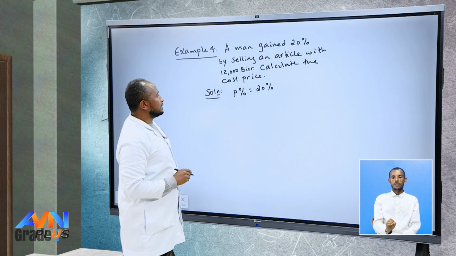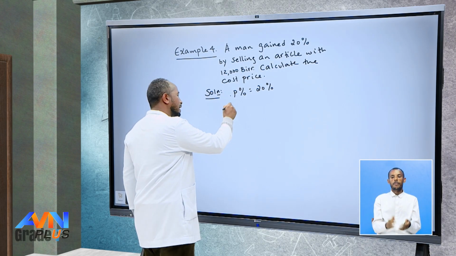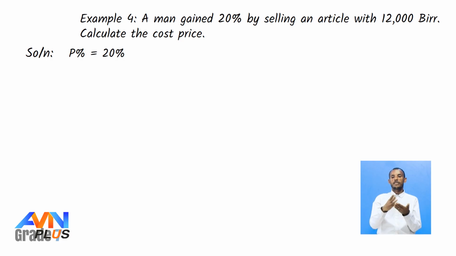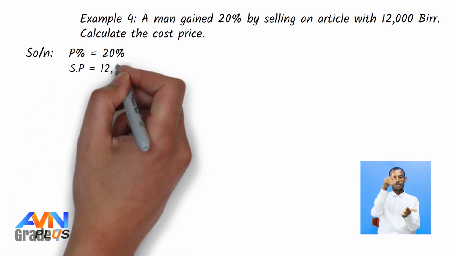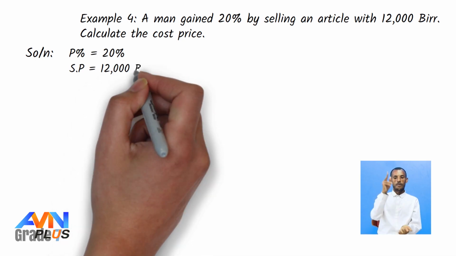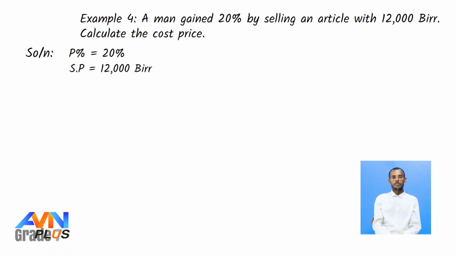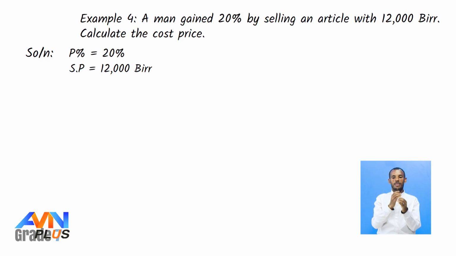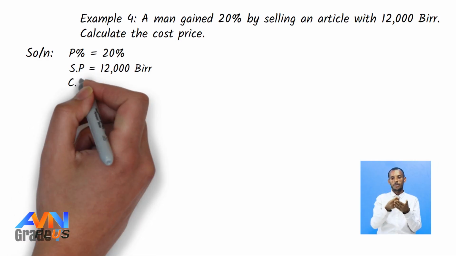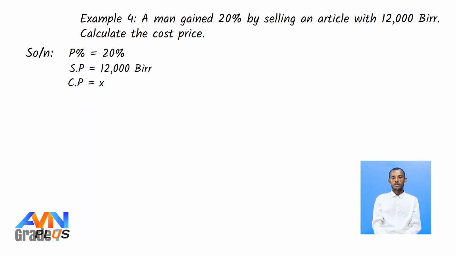By selling an article, the selling price is given. The selling price is this 12,000 birr. The question is to calculate the cost price. Here the cost price is not known. Let's assume it to be x and we'll try to find this.